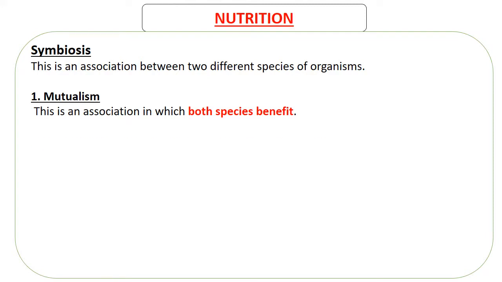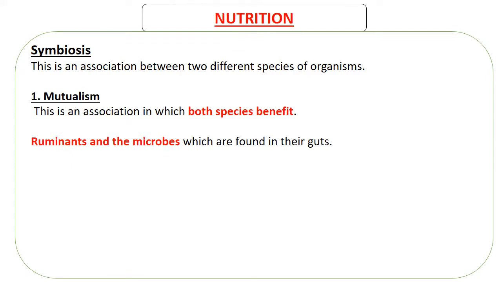A good example of mutualism is the association between ruminants and microbes. Ruminants are animals like cow, goat, and the likes. Ruminants have what are called microbes in their guts.